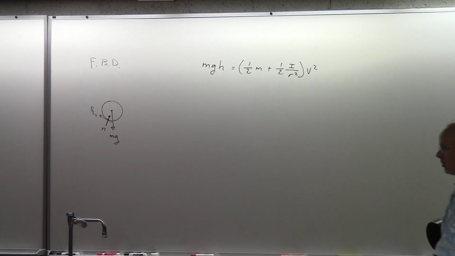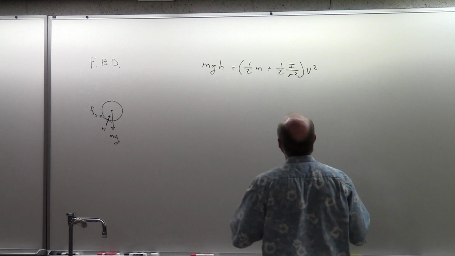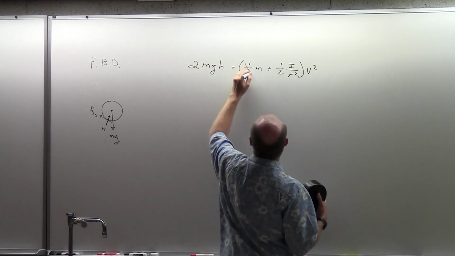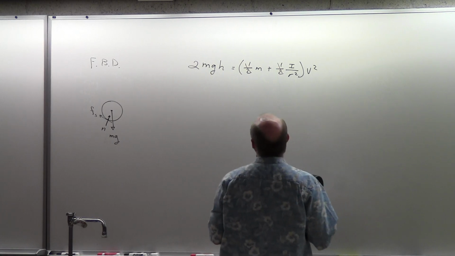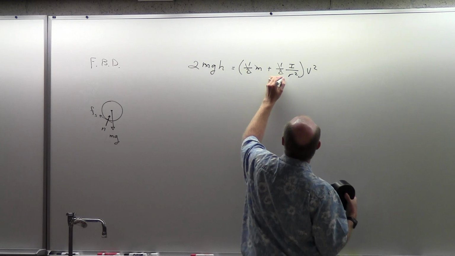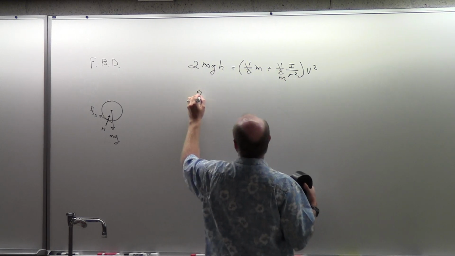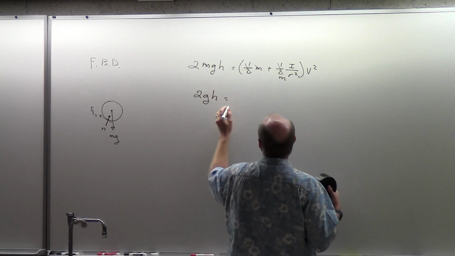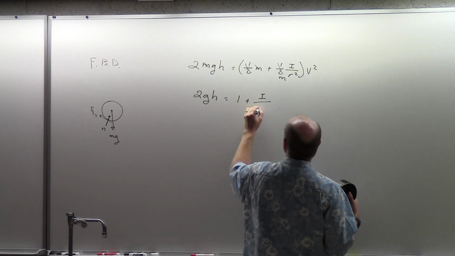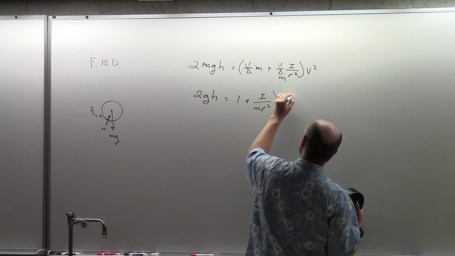That's why the rotating one has a little bit less. Maybe I'll do a couple more pieces of math. I'll multiply everything by 2. I'll even divide by m. And so this comes out to be a 2gh. This comes out to be a 1 plus I over mr squared, v squared.